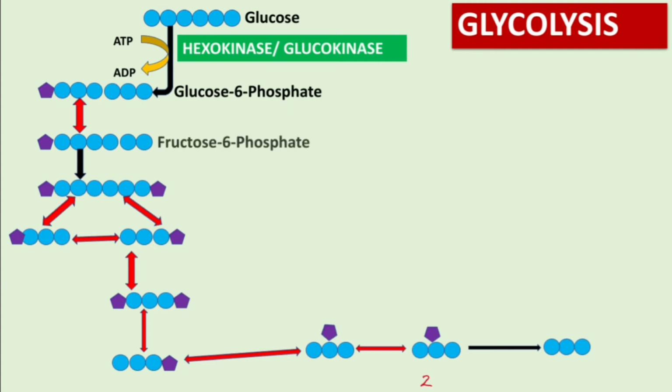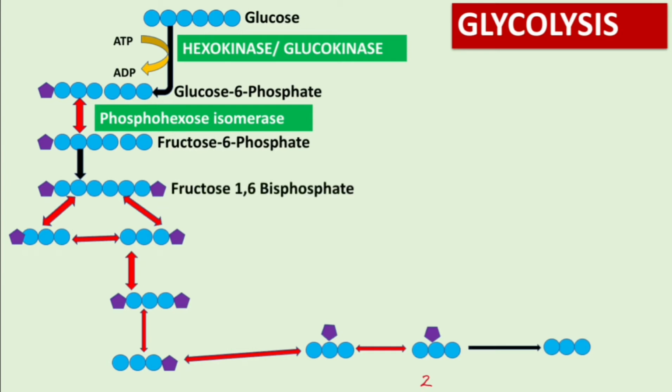The second step is conversion of glucose 6-phosphate to fructose 6-phosphate. Fructose, I told you, is a ketone, so we can say it's an isomer. In this case, the enzyme used is phosphohexose isomerase. It's easy.